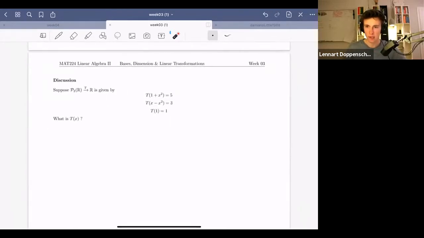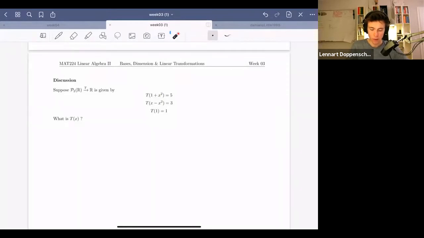So I'll give you now 3 minutes to discuss this. Suppose you have a transformation T, and I'm not telling you what it is. I'm just telling you what the value is of these 3 vectors. And since we work on the vector space of polynomials, these polynomials are vectors.